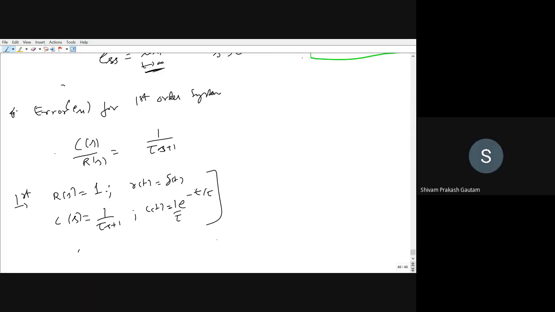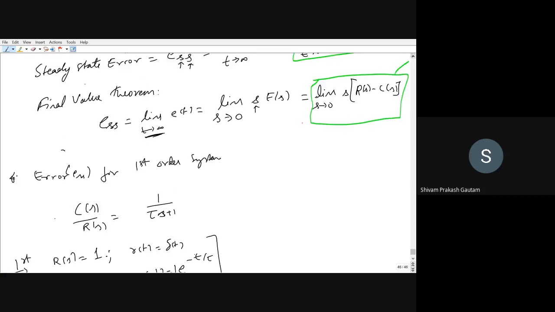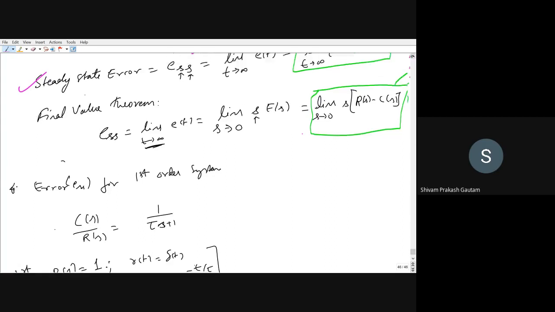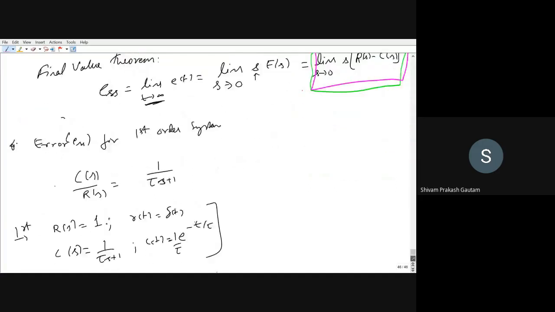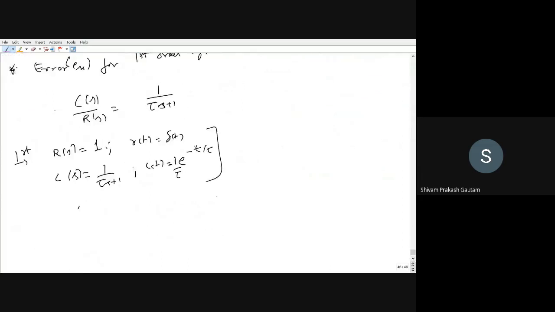Now we will apply the final value theorem and calculate the steady state error using both of these formulas, in the time domain and using the S domain formula. First, the time domain.